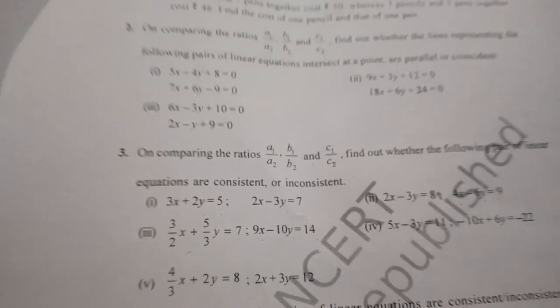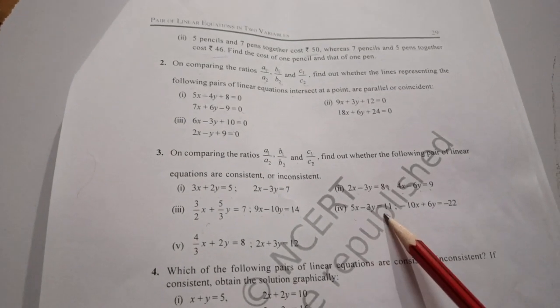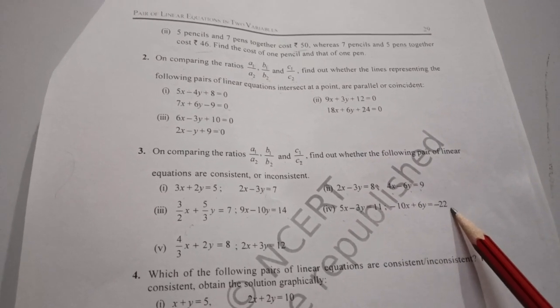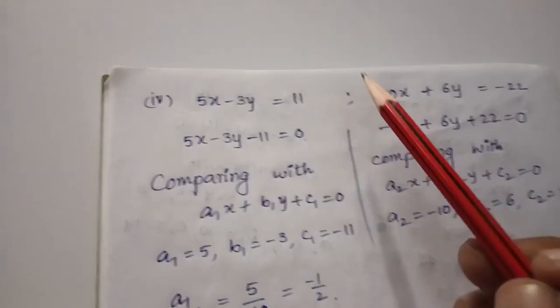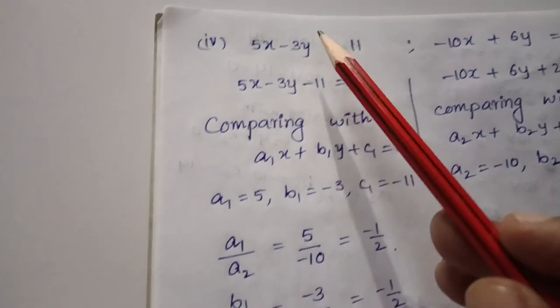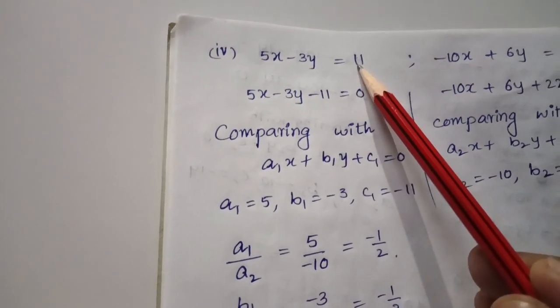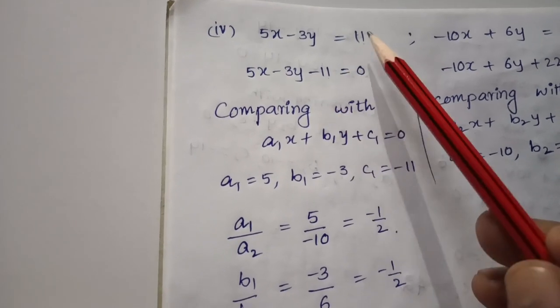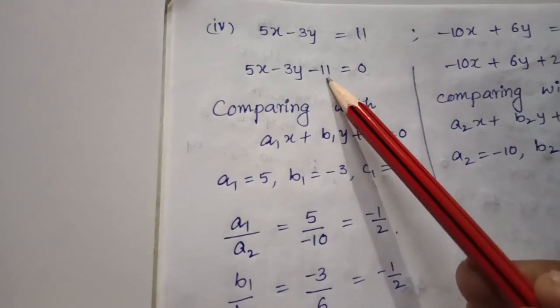Next, fourth one. 5x minus 3y equals 11, minus 10x plus 6y equals minus 22. Here 11 is on the RHS. So transposing 11 to the LHS, plus 11 becomes minus 11.